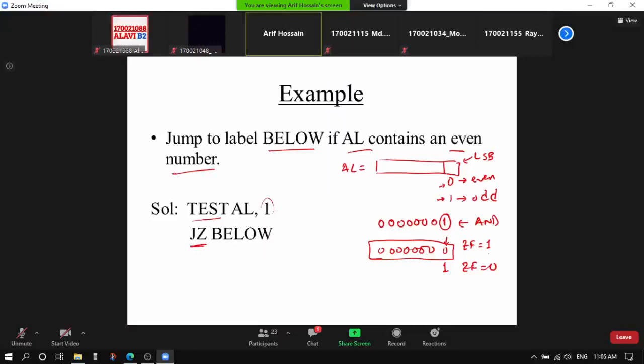In that case, if you perform test, your result will be all 0 and your zero flag will be 1, and thus you will jump. But if your LSB is 1, that is, it is an odd number, then your result will be 0 0 0 0 0 0 0 1. This is not a zero number, so your zero flag will be 0 and this jump will not be performed. Is it understood now? Yes, sir. Everyone, is it clear?